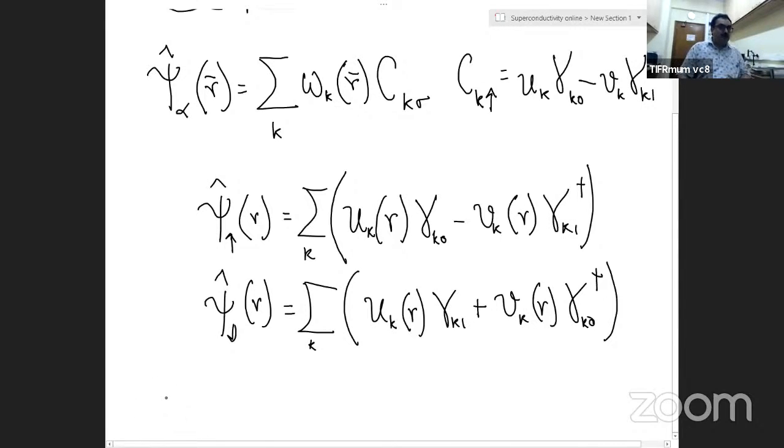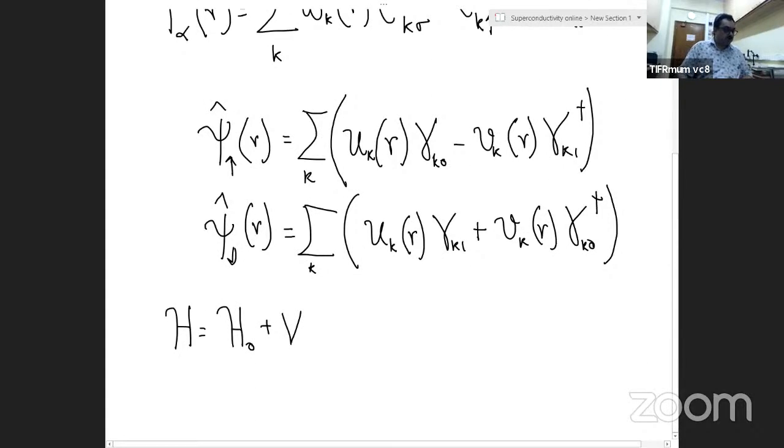You know that the Hamiltonian of course has an unperturbed part and then it will have some potential V. Now in terms of this, what will be the second quantized Hamiltonian?